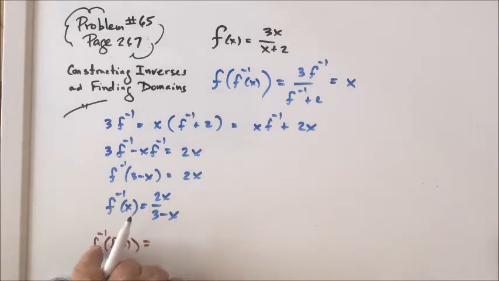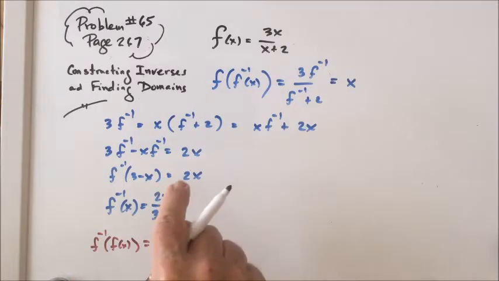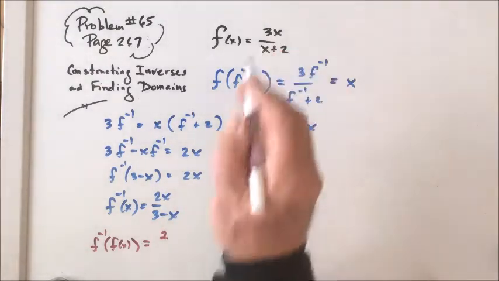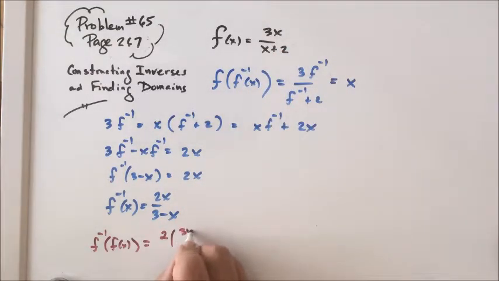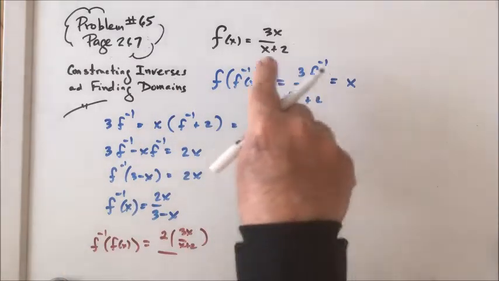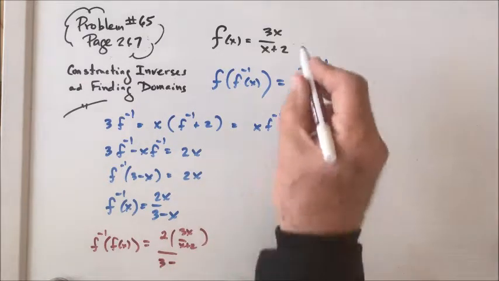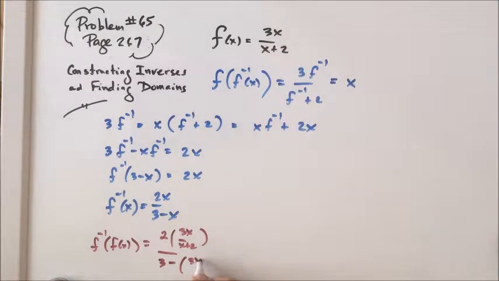So I'm taking f to the minus 1. Every place I see an x, I'm going to put in an f. So here's the 2. Here's an x that I'm replacing with 3x over x plus 2. Here is 3 minus x, but I'm going to replace that x with 3x over x plus 2.